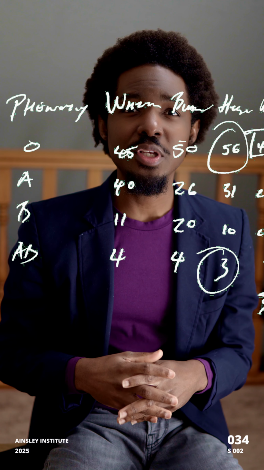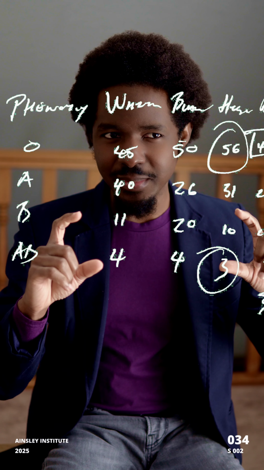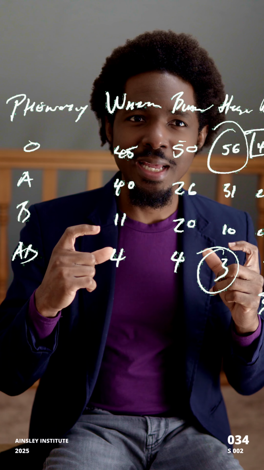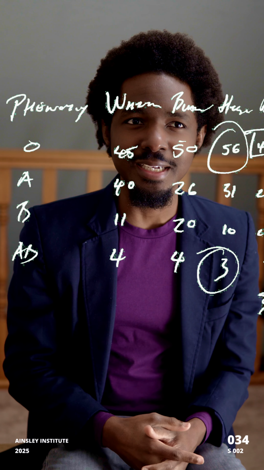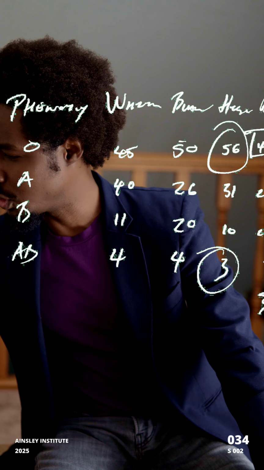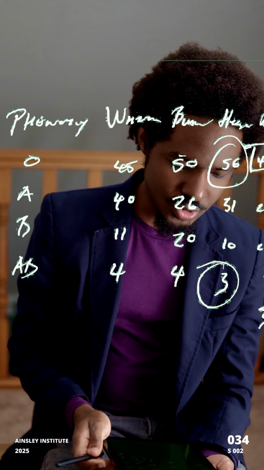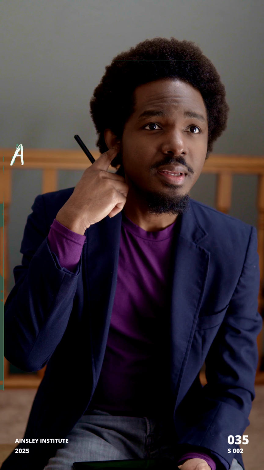When a person is O, we classify them as H. They also have a particular marker, all right? So a person who is A has this marker.